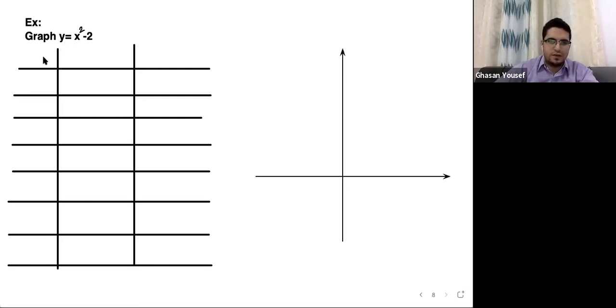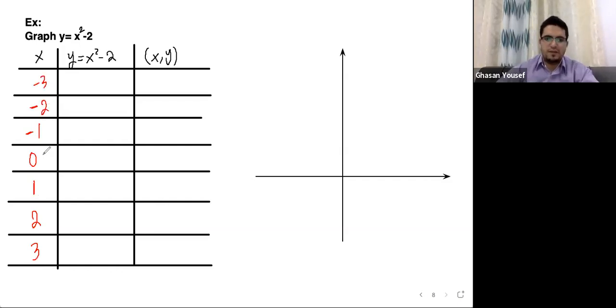Here is x, and this is my y equals x squared minus 2, and this is the x comma y. I will start from 0. Then I will take positive numbers like 1, 2, 3, and negative numbers, -1, -2, -3.